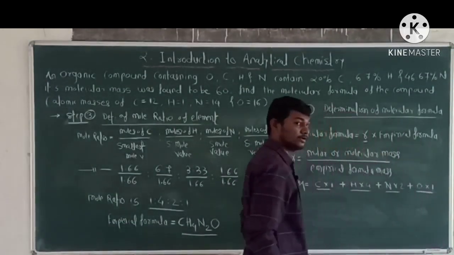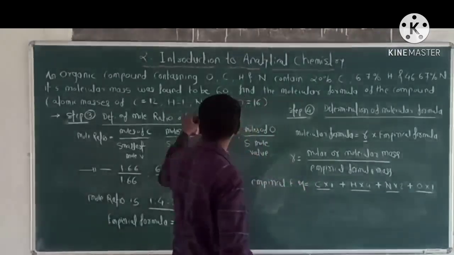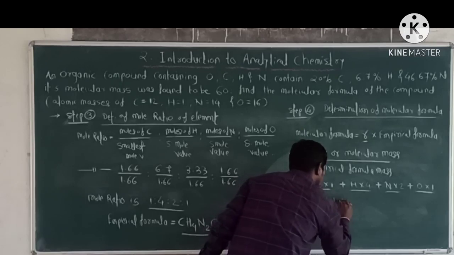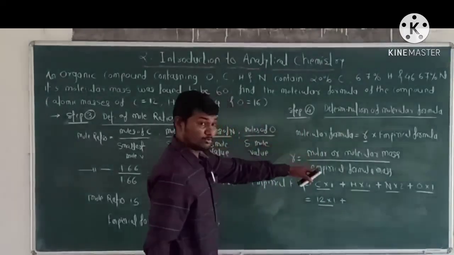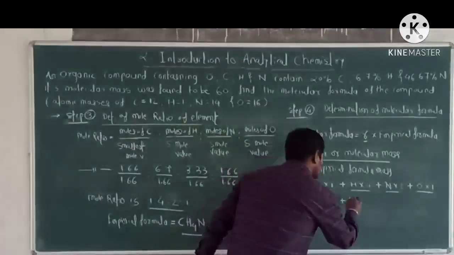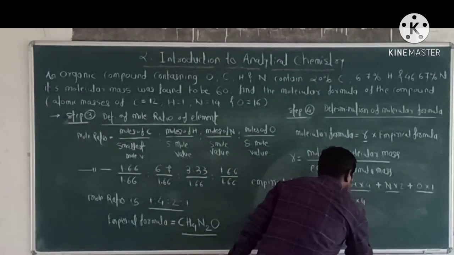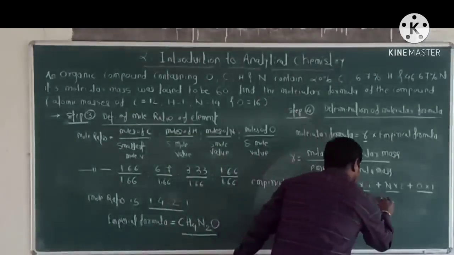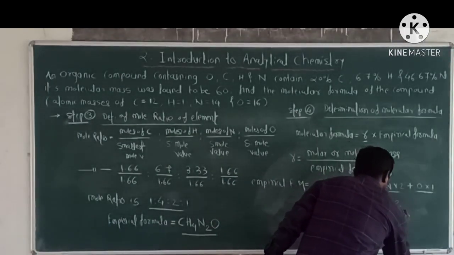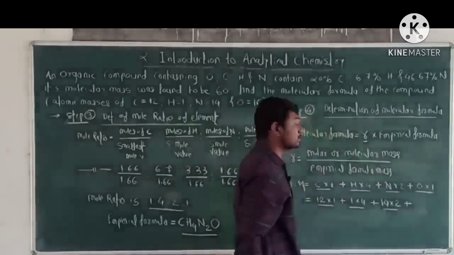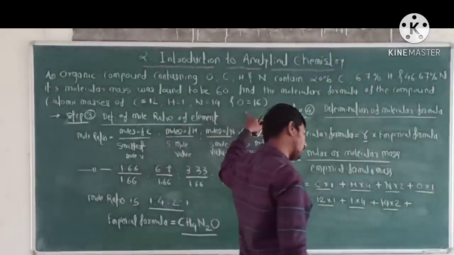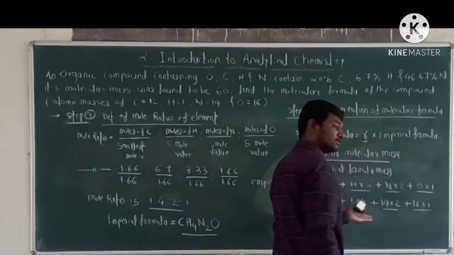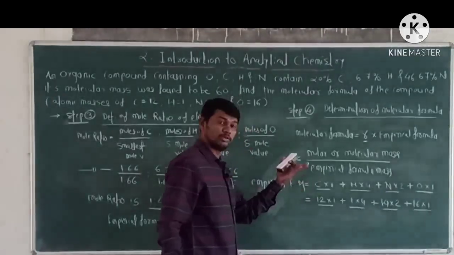Now the atomic mass of carbon is 12 into 1, plus the atomic mass of hydrogen is 1 into 4, plus the atomic mass of nitrogen is 14 into 2, plus the atomic mass of oxygen is 16 into 1. Solve this equation and we get the empirical formula mass.